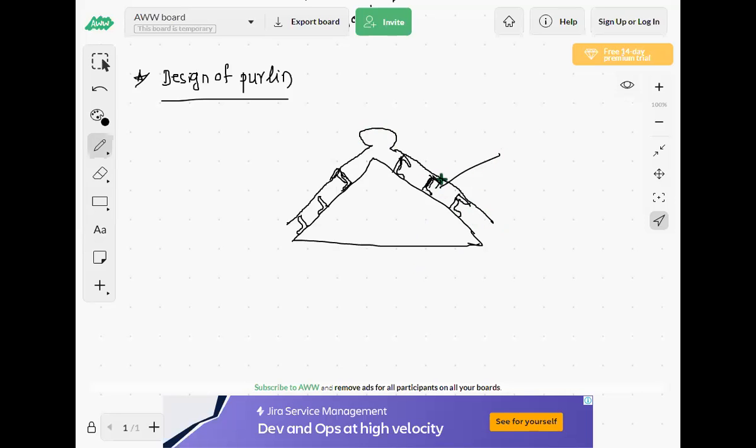So this is nothing but the purlin. This is the AC or GI sheet.